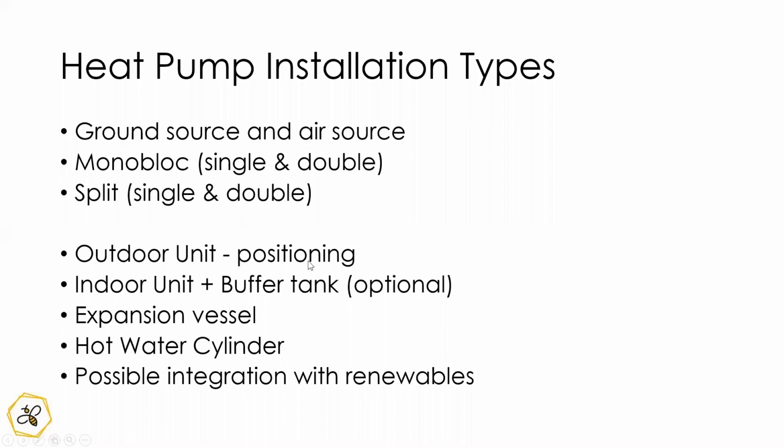So you then have to find a position for your outdoor unit, and then you might have a combination of these bits of equipment. So maybe the indoor unit or a buffer tank, expansion vessel, and then hot water cylinder or thermal store, and then integrate with renewables if you're going that way.